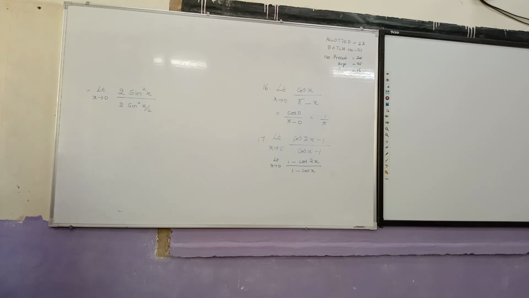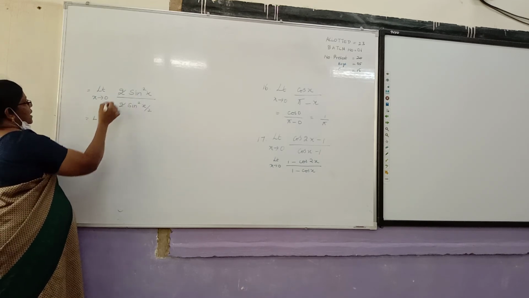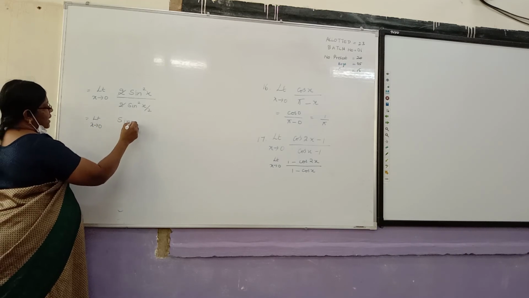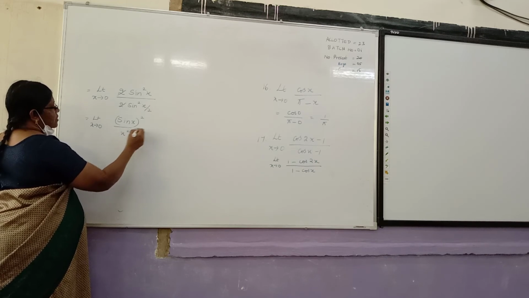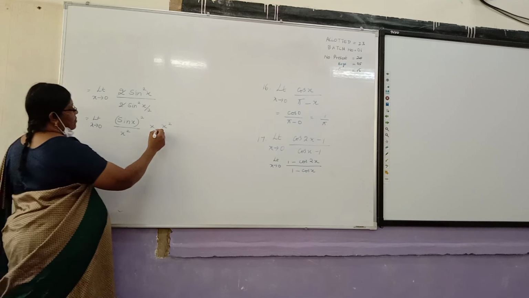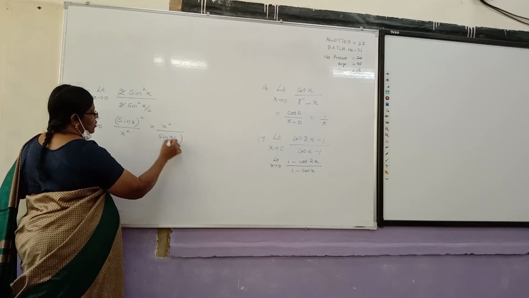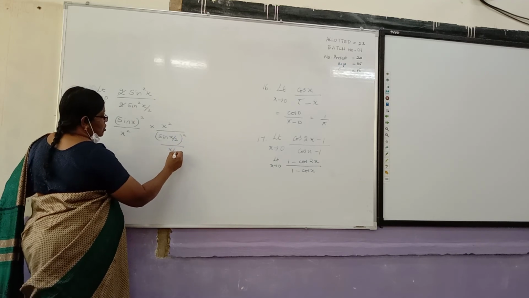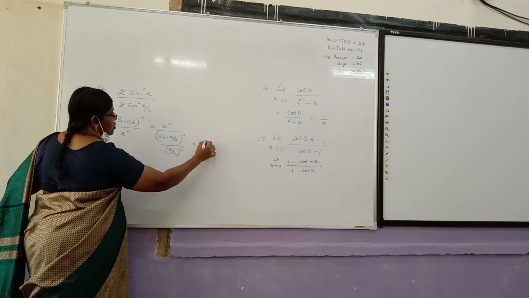I told you, this is a very important formula. Okay, this is a limit, so the 2 gets cancelled, x tends to 0. The meaning is sin x the whole square by x square into x square, because the square is coming, divided by sin x by 2 the whole square by x by 2 the whole square into x by 2 the whole square.